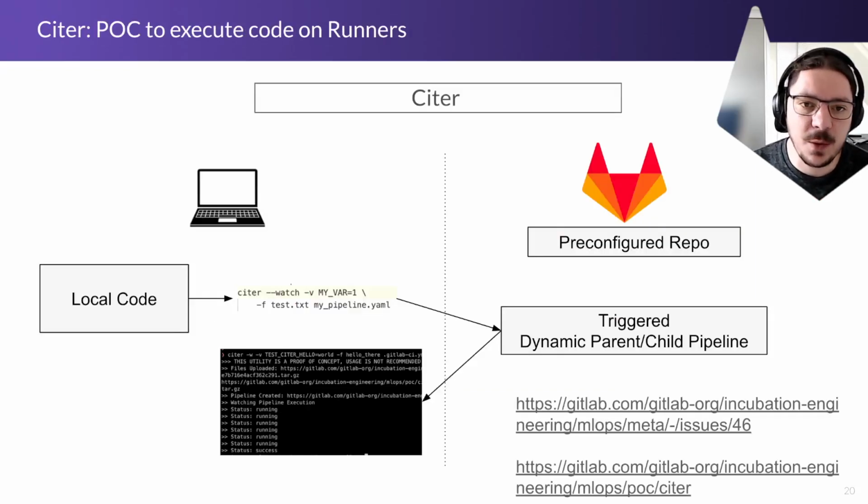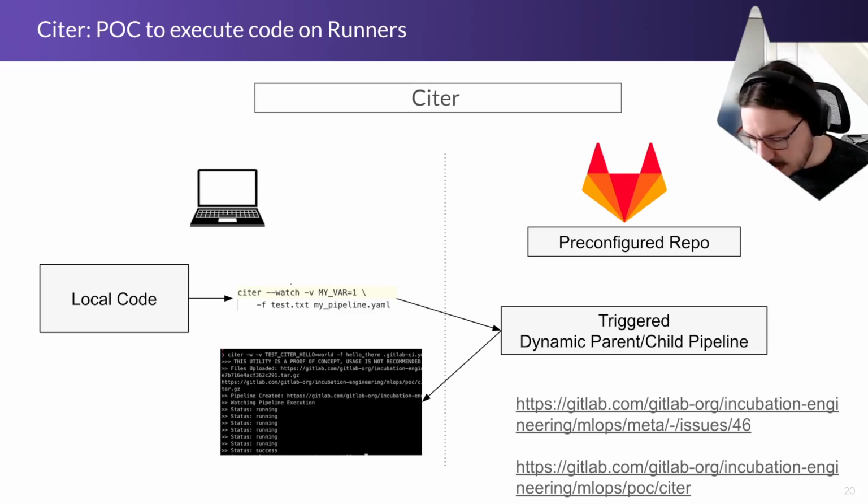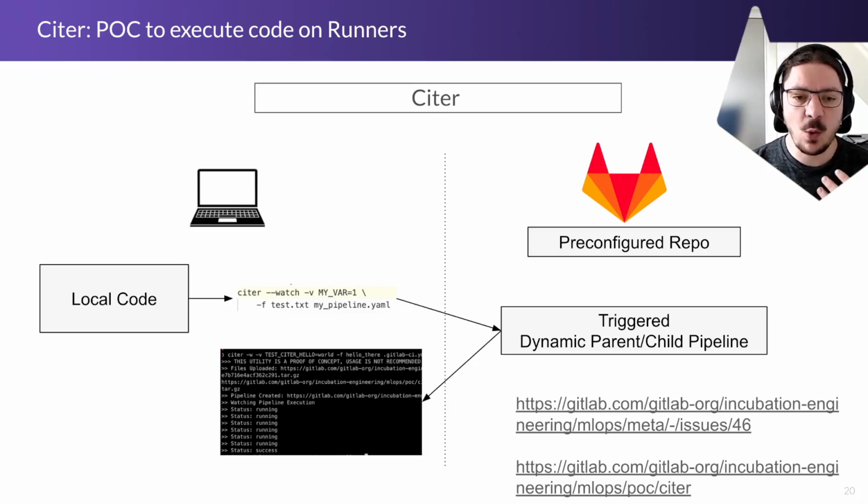What I did so far was Scyther. Scyther was a POC that I created a few weeks ago, where you have local code. I created a pre-configured repository project on GitLab, and I use a lot of creative engineering to send code through a triggered dynamic child pipeline that is run on the runner, while my local process is still watching the runner, and once the runner is done, it returns the results.